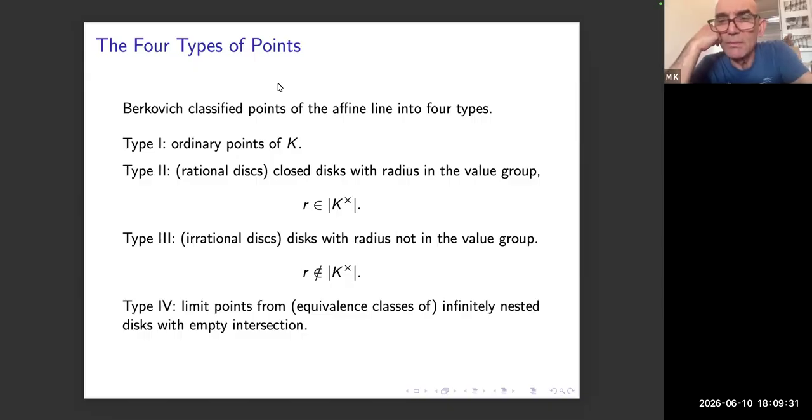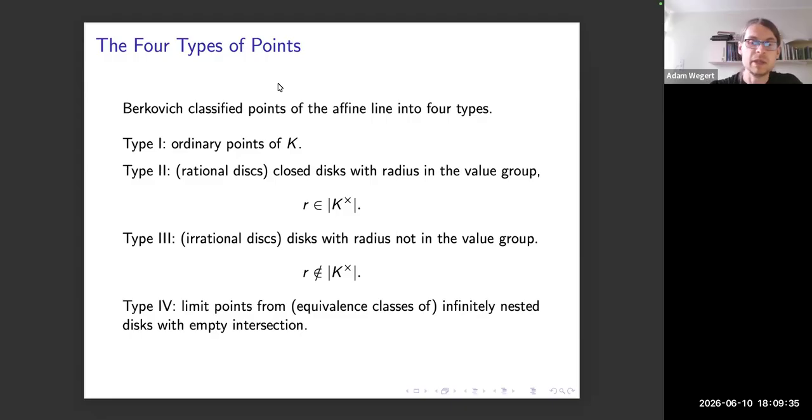Could you remind me, is the spectrum Hausdorff or not? It is Hausdorff. So consider two different disks with the same center but different radius, one smaller, one larger. Is this inclusion somehow reflected in the topology on the space?